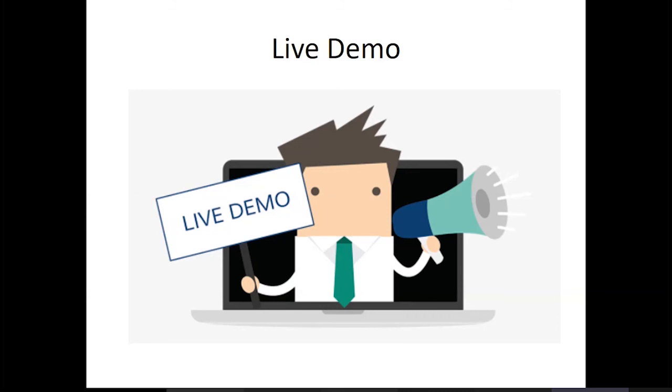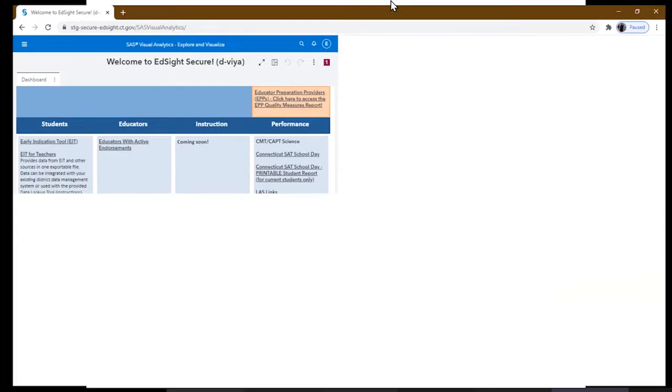We're using our staging server because we have some de-identified reports up there so that we can use them for demonstration purposes and not show the personally identifiable information that Dave was discussing earlier. I was actually in the regular Welcome to EdSight, so I have to get to my de-identified version. I apologize for that. And here we go.